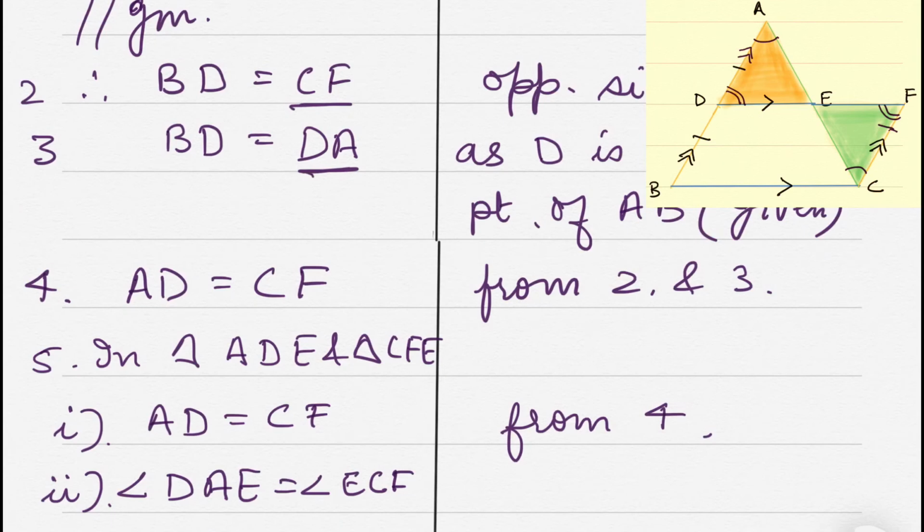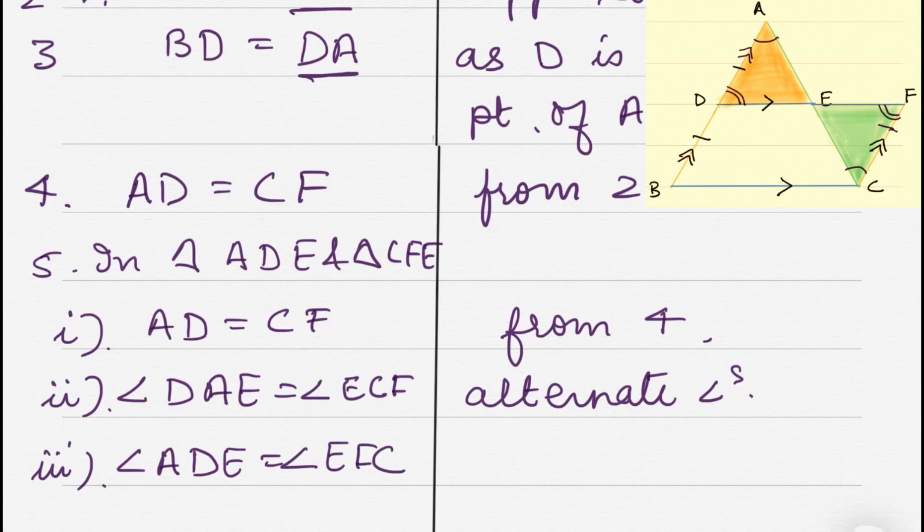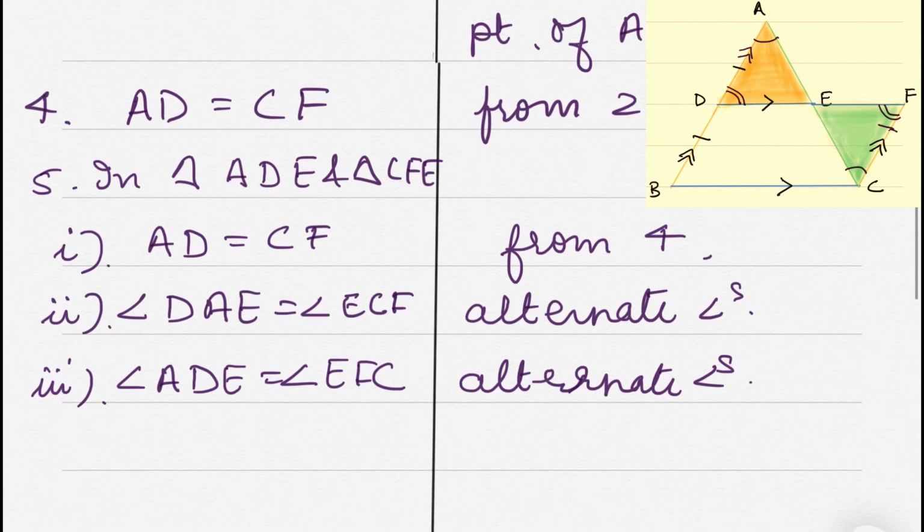They form alternate angles as those two sides are parallel. Now we have the third point, angle ADE is equal to angle EFC. These also form alternate angles. Correct? So now my triangles are congruent, guys.